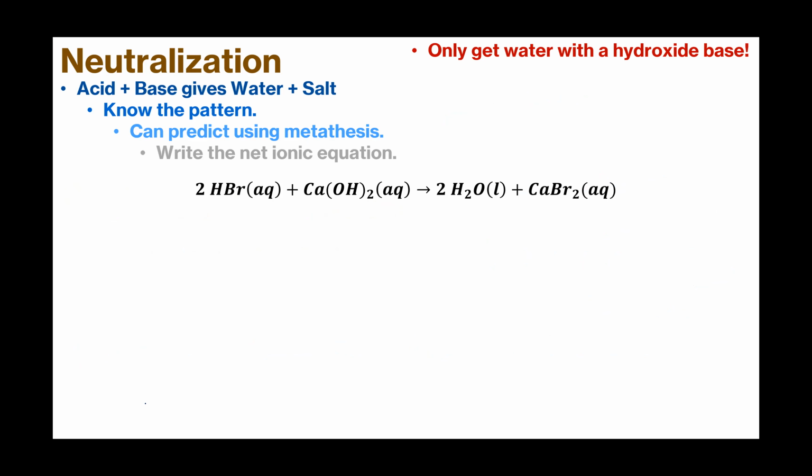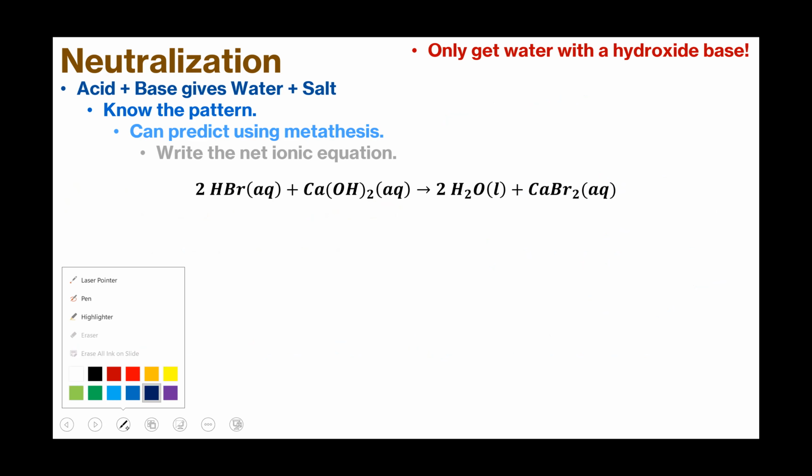My next task for us is to take this balanced molecular equation and come up with the net ionic equation. With a neutralization, it's going to be best if we just do it the long way that we learned: break apart all of our strong electrolytes, then cancel out the spectators, and then write the net ionic equation.